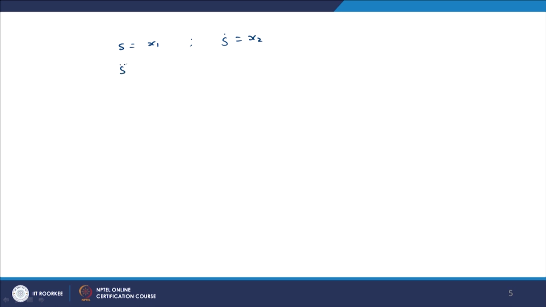So, s double dot is equal to u, which implies minus k1 signum of x1, which is s in this case, minus k2 signum of s dot.